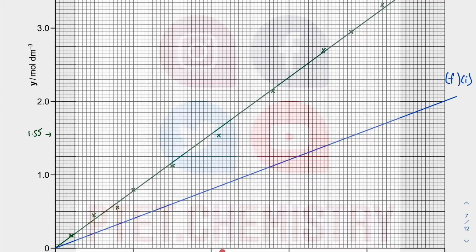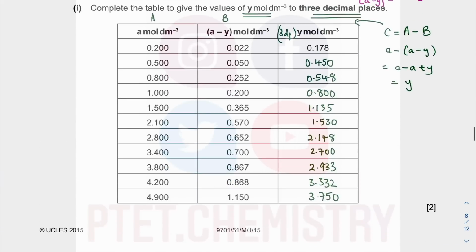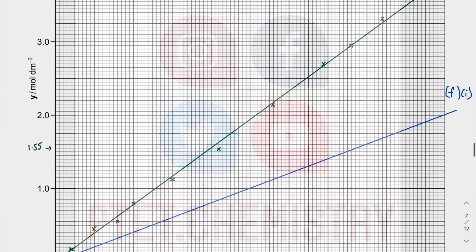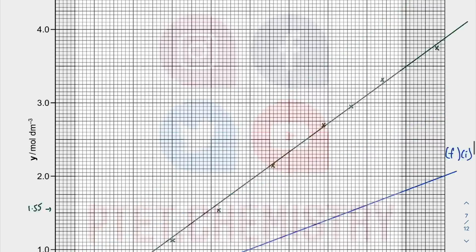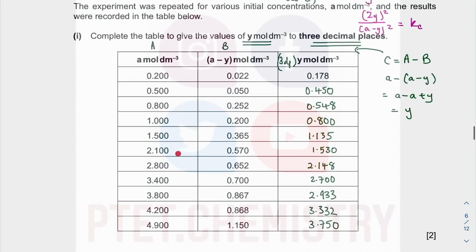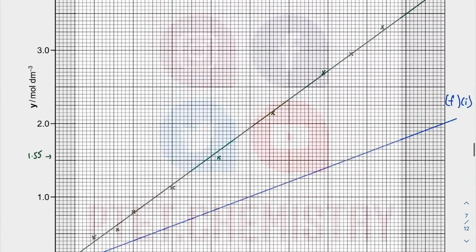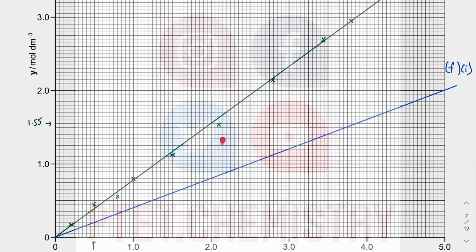Speaking of crosses, this looks really anomalous. Maybe I just check back this point. This is 2.1 and 1.53. Did it say 1.53? 2.1 and 1.53. So that point is actually wrong as well.